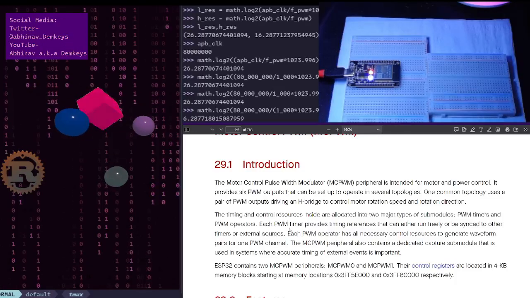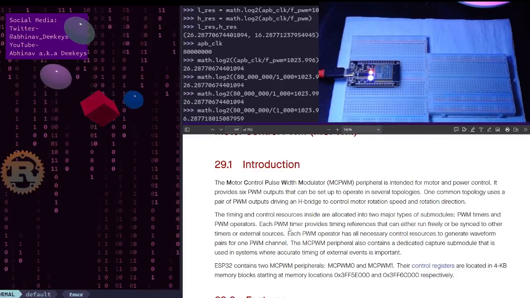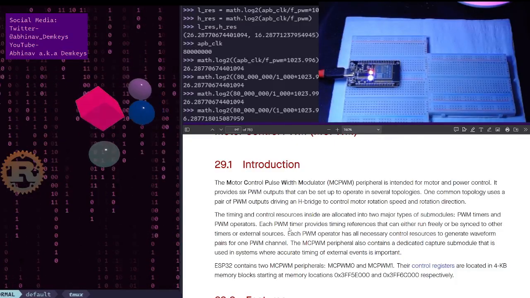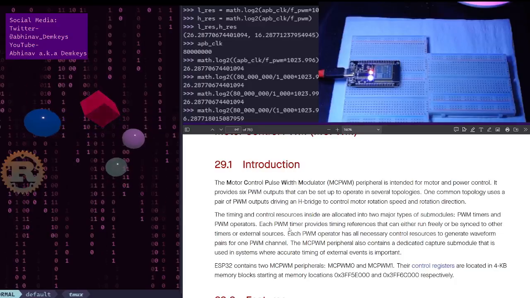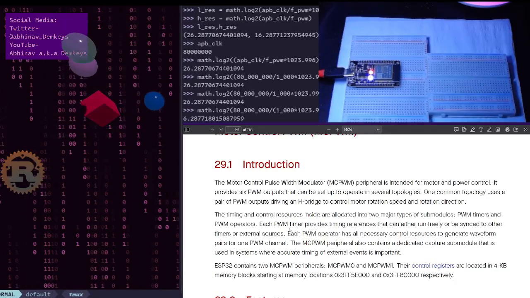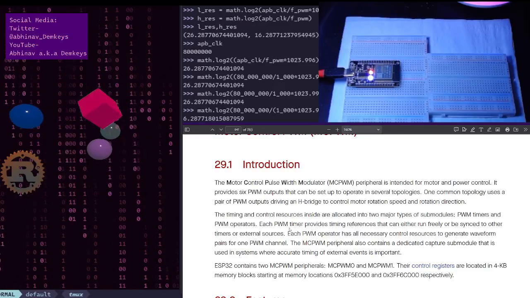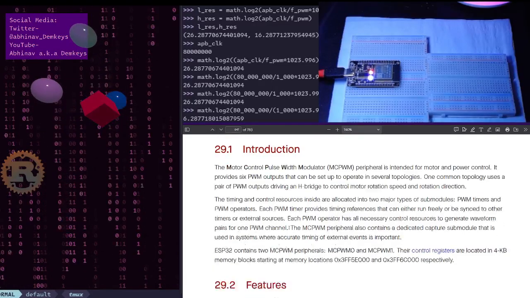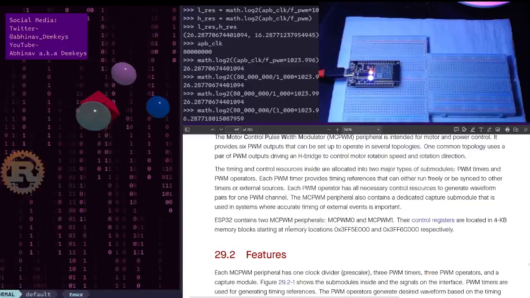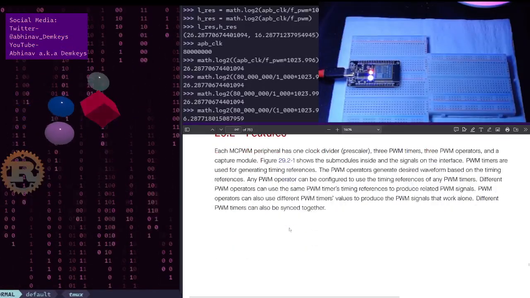But I do have DC motor controller modules. I do have those. And I believe this MCPWM is meant to help with communicating with those specific modules. Okay, all right.